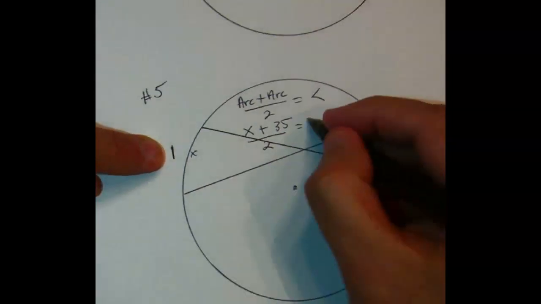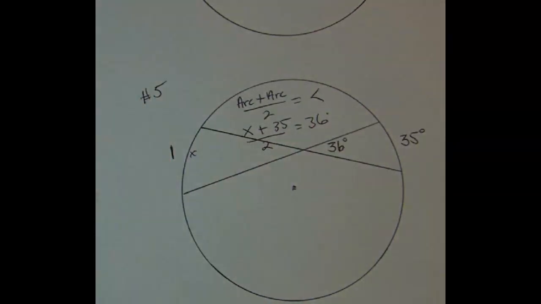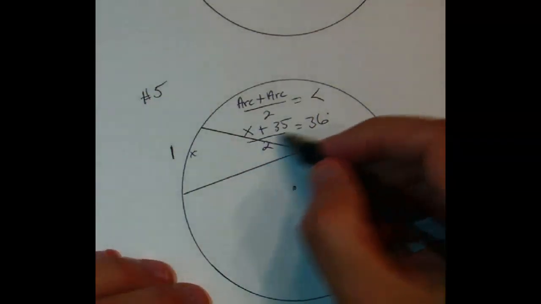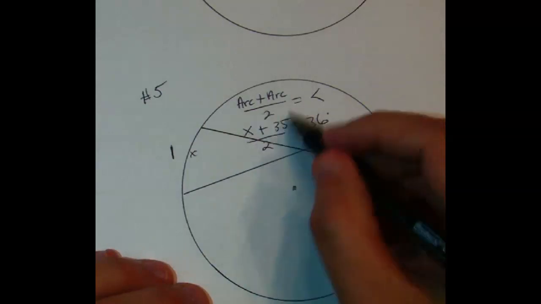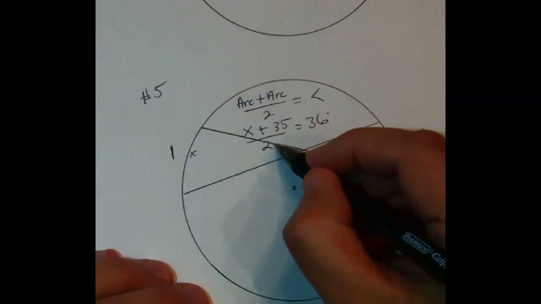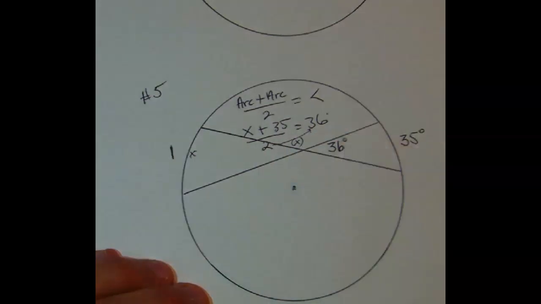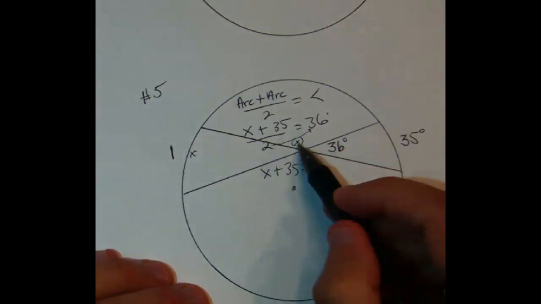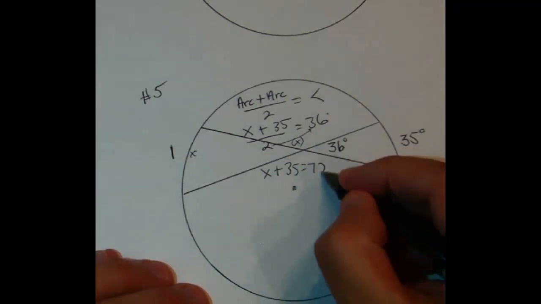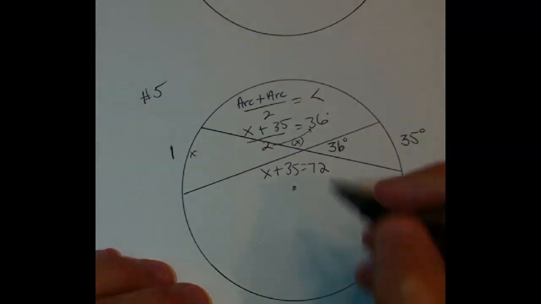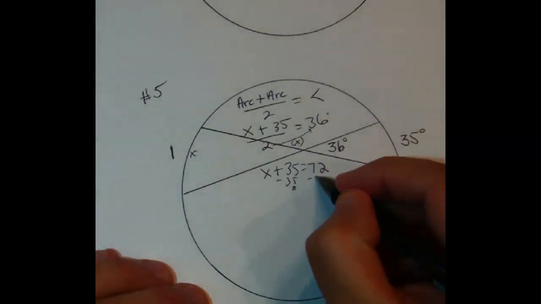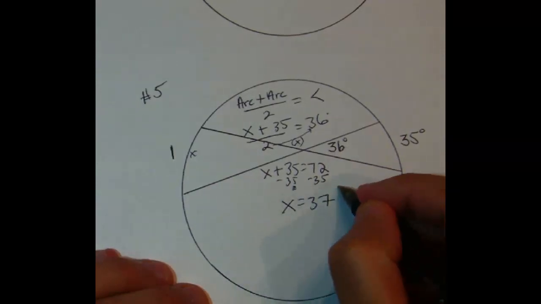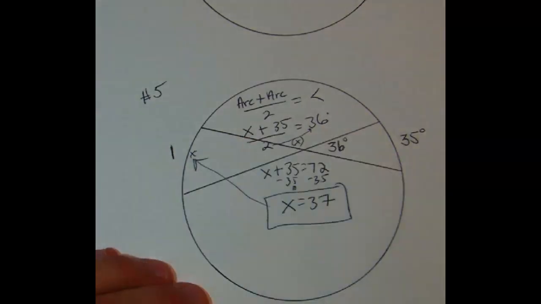This time, the angle is given on the inside, which is 36. Now remember, when you are dividing an algebraic expression by a number, just take that 2 and multiply it over to the other side. So that would give you x plus 35 equals 2 times 36, which is 72. And then simply subtract 35 from both sides, and x is 37. And that would be for arc number 1.